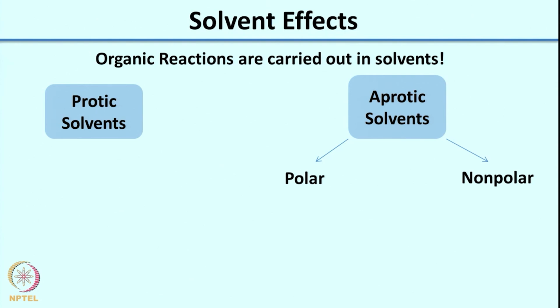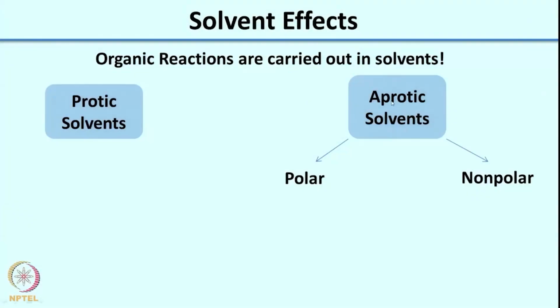So, there are different types of solvents if we were to classify them. They are protic solvents and aprotic solvents. Just like the name suggests, protic meaning involving a proton. So, protic solvents are those that can easily give protons.